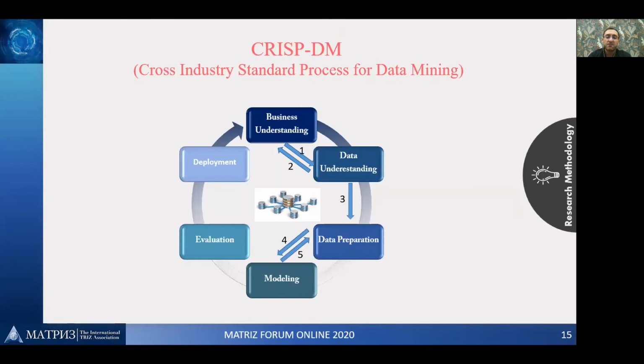In modeling, we are going to use machine learning techniques to analyze patents and find out how we can classify them based on TSE, and finally evaluate our system. This cycle will be repeated until we deploy our system successfully.